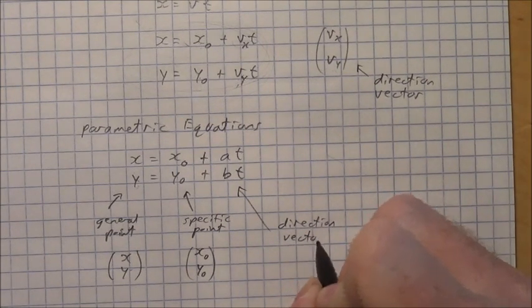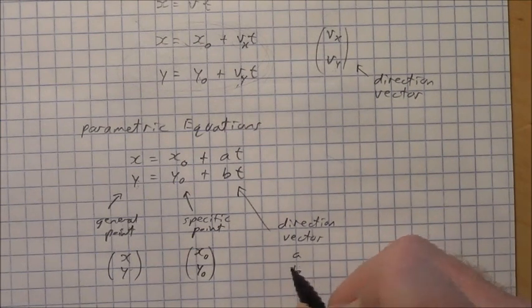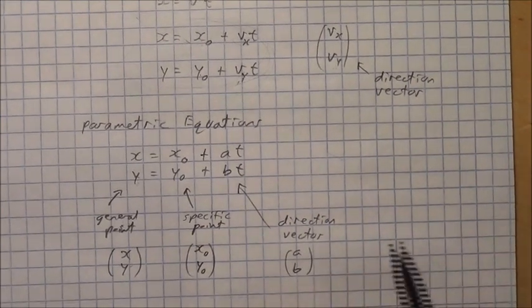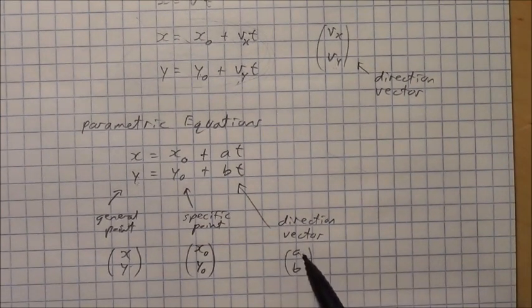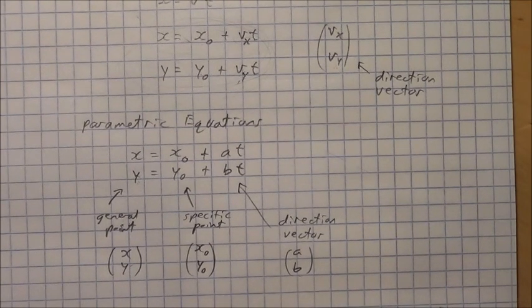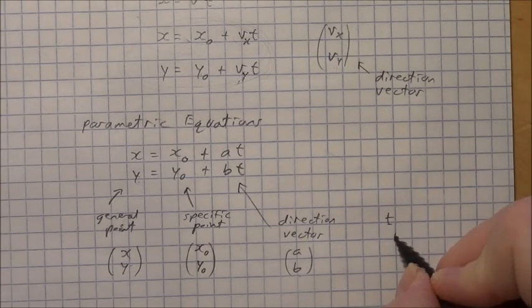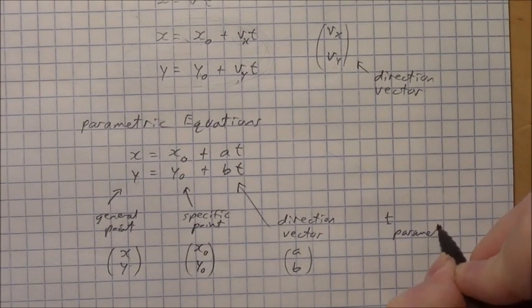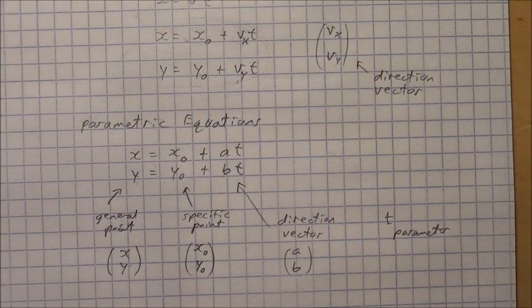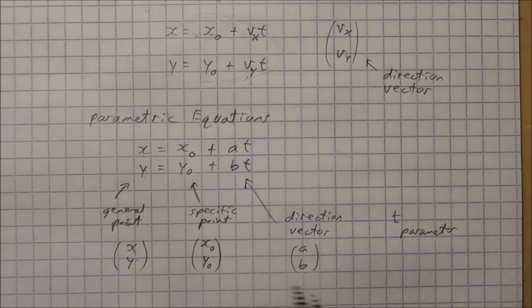So that gives us the direction it's going in terms of how many units in the x direction, followed by how many units in the y direction. And then of course t is the parameter. We can just set t to be whatever value we want, and then we can find out specific values of x and y along the line.